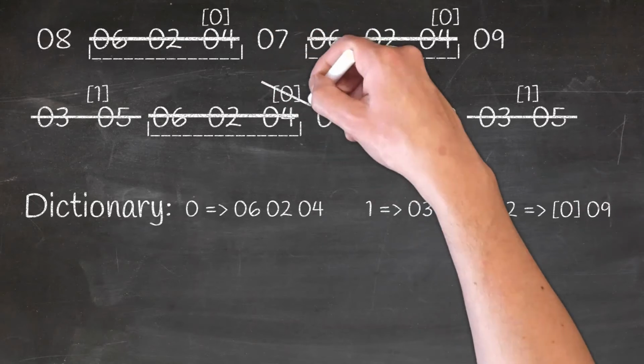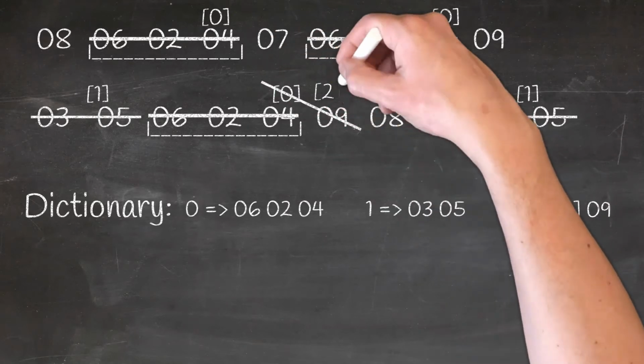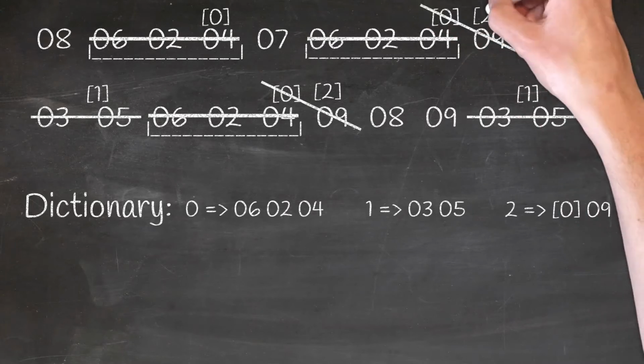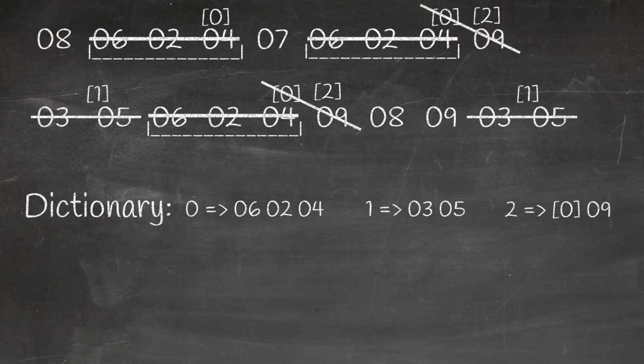So we can simply add this to the list too. Under the index of 2, we substitute it with 0 and 9. Okay, do we still see any other patterns? Maybe not. Okay, let's just say that this is the compressed output.